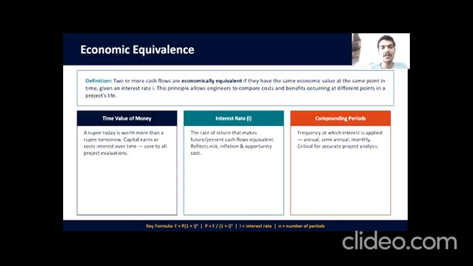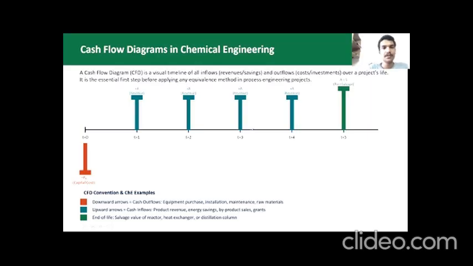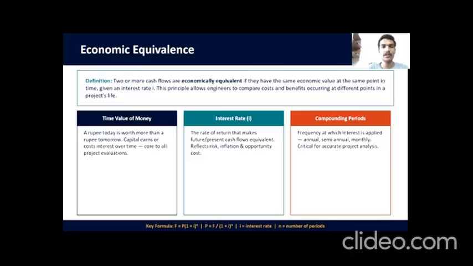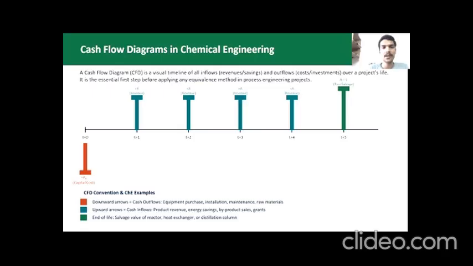A rupee today is worth more than a rupee in the future because capital has the power to earn interest or the burden of costing it. For us, the interest rate reflects risk, inflation, and opportunity cost. We use the fundamental formulas listed in the PPTs and in the financial modeling equations to understand compounding and discounting to move money across a project's timeline.